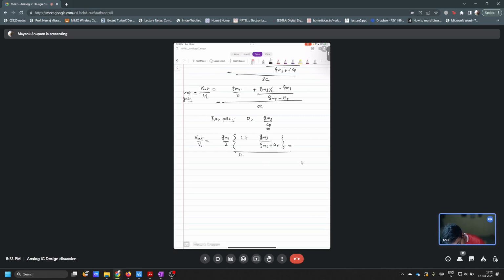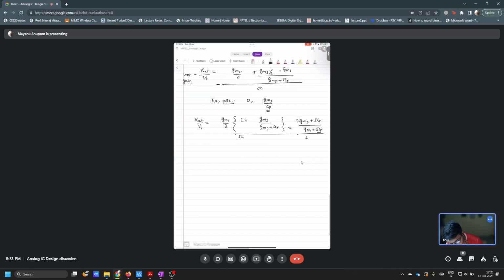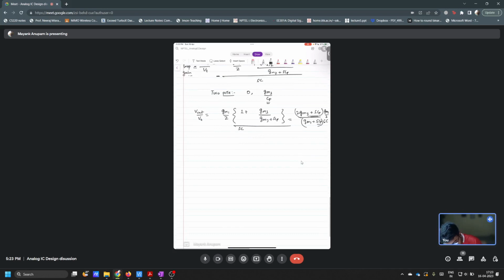So this will become 2 GM3 plus SCP divided by GM3 plus SCP, divided by S into SC, then it will be GM1 by 2. Correct. So the zero is at 2 GM3 by CP. Correct.